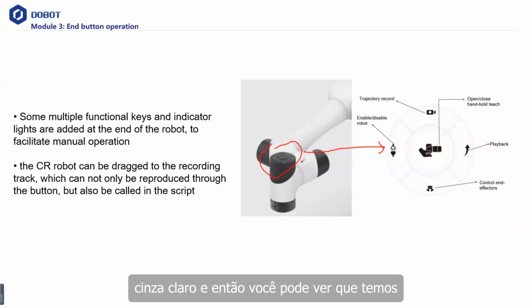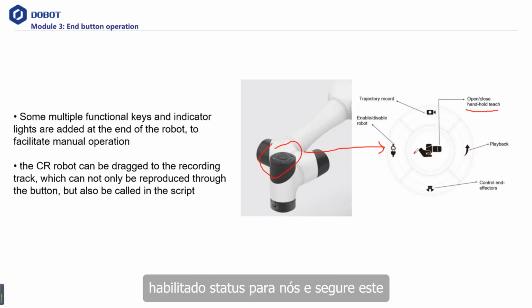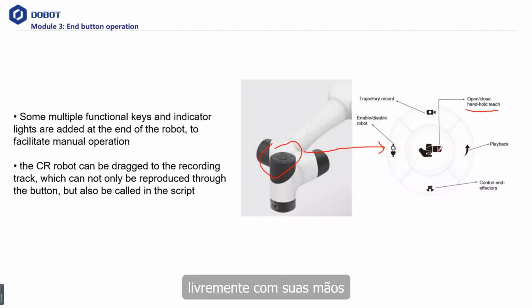You can see we have these 5 different buttons here. The biggest one in the center is open or close handhold teach. When the robot is in enabled status, press and hold this button for 2 seconds, and you will be able to move the robot freely with your hands.